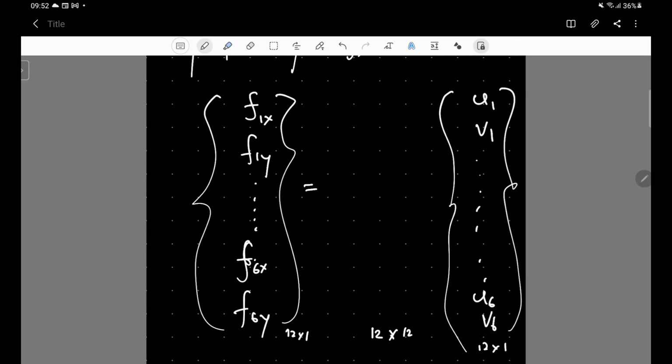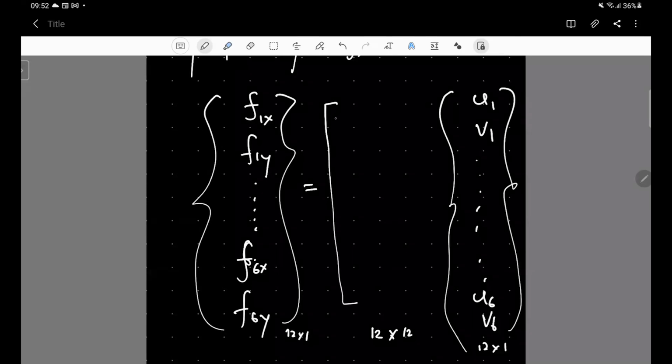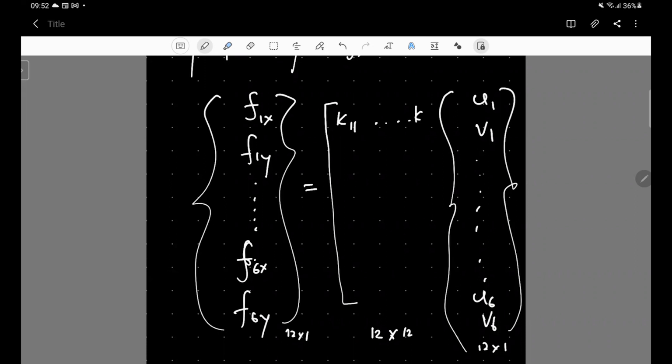because we have 12 degrees of freedom. So K11 will go up to K1 12. Similarly, K21, K31 will go up to K12 1.